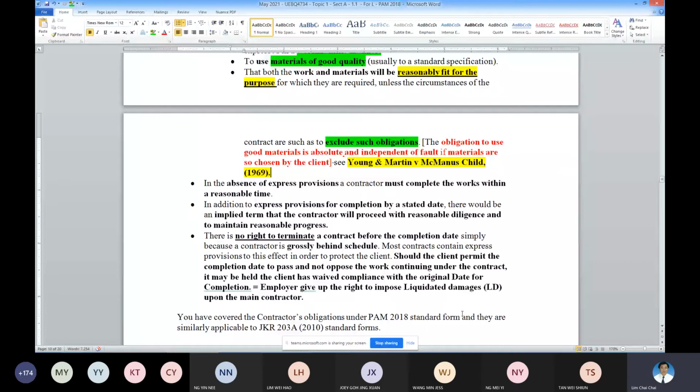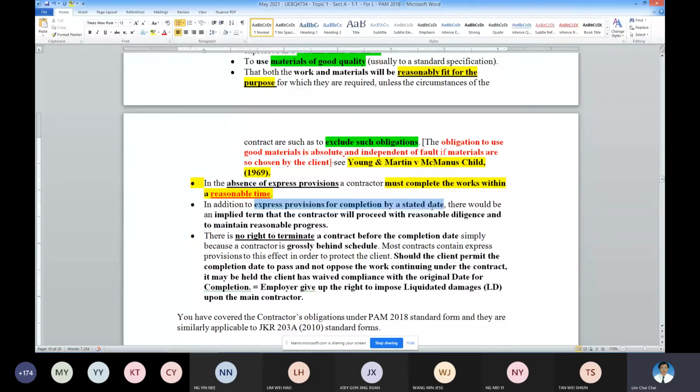So the contractor must complete the work in reasonable time if there is nothing stated. Absence of express provision, that means the contract is silent, you still need to complete within reasonable time. What is reasonable time? We will go into it when you go into your tutorial. If there's an express provision and the completion date is stated, then you must comply accordingly.